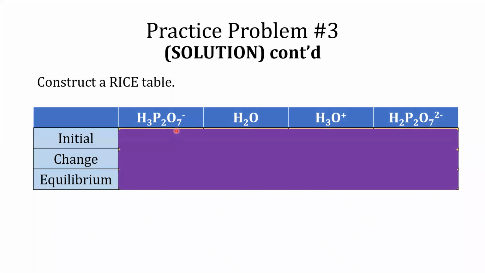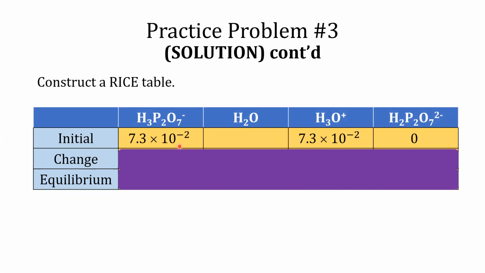Like before, a Rice table is constructed where the initial concentration of trihydrogen diphosphate ion is 7.3 times 10 to the minus 2, hydronium ion is also 7.3 times 10 to the minus 2 molar, and 0 molar for dihydrogen diphosphate ion.